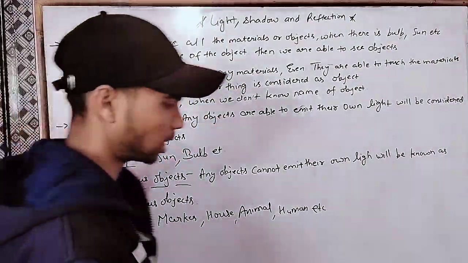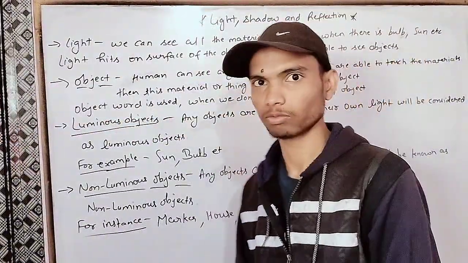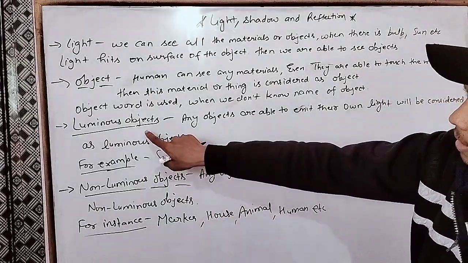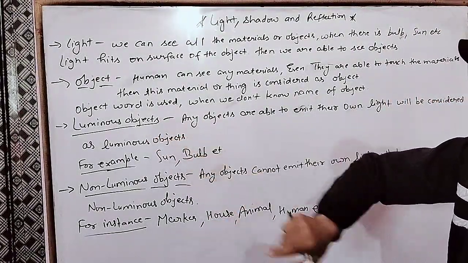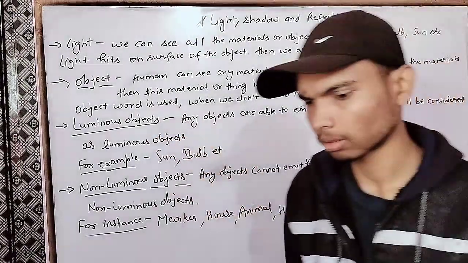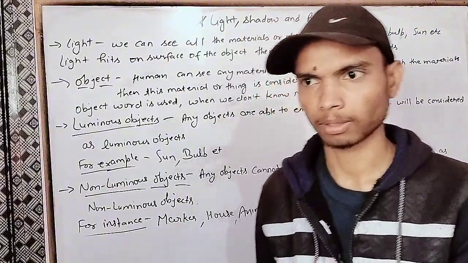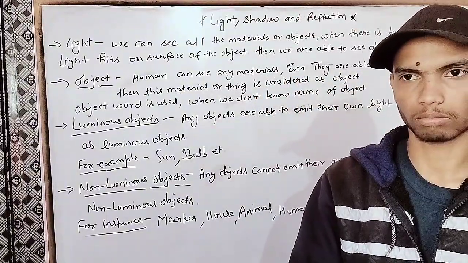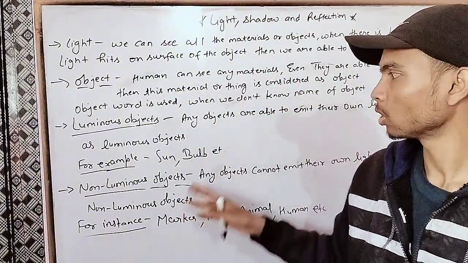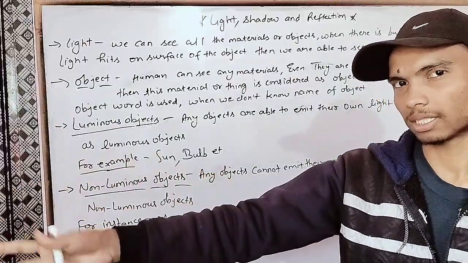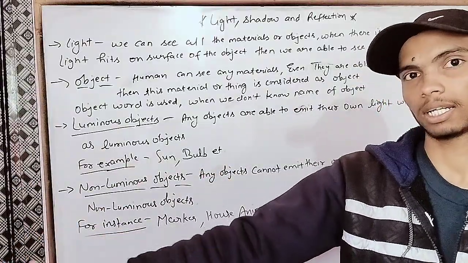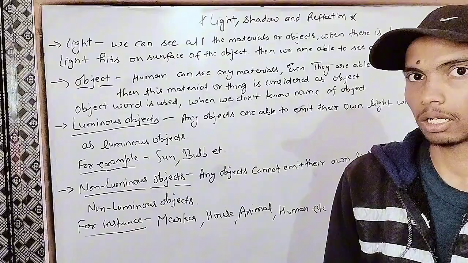Now let's make it clear for everyone. Take any material, for example, the sun. The sun has its own light. That's why it can emit its own light. A bulb is also an example, because a bulb has its own light. Similarly, non-luminous objects do not have their own light.